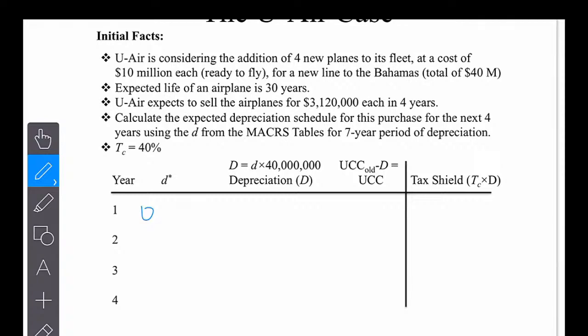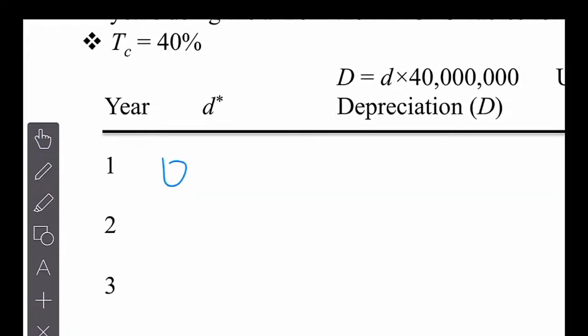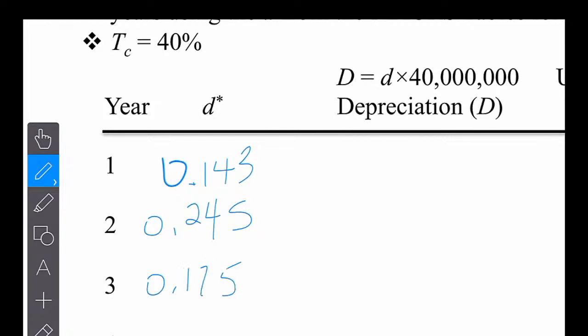I have to make this bigger. Right? And then 0.245, and then 0.175, and 0.125. So those are the rates.